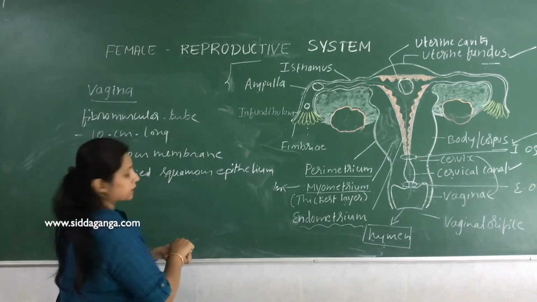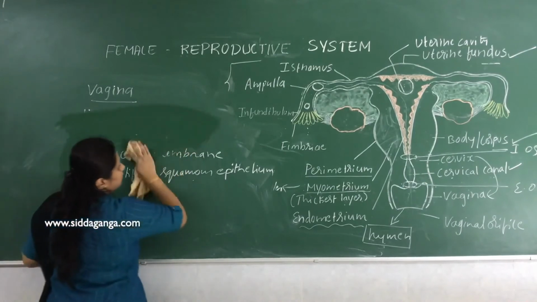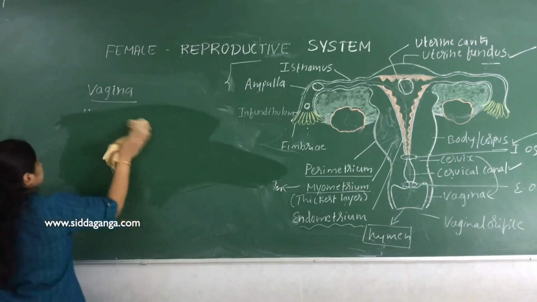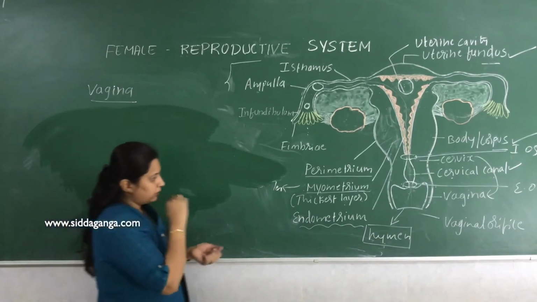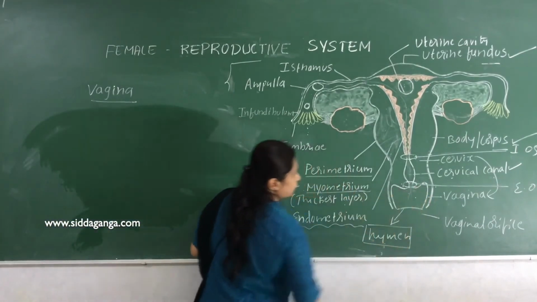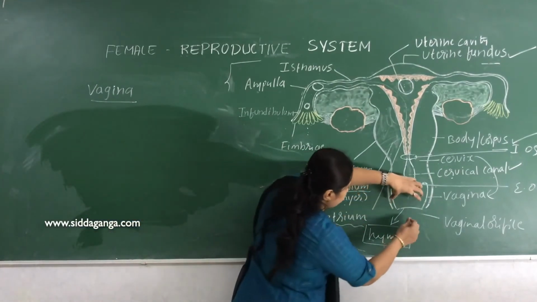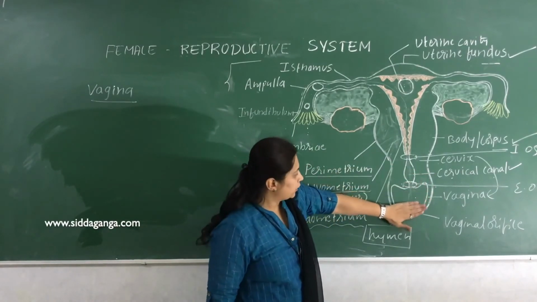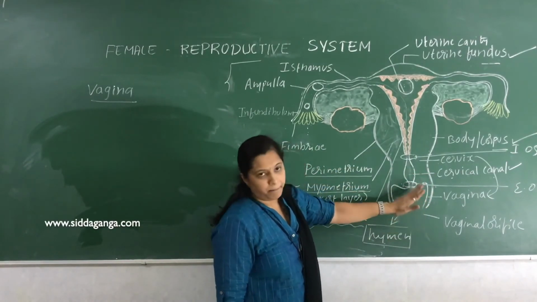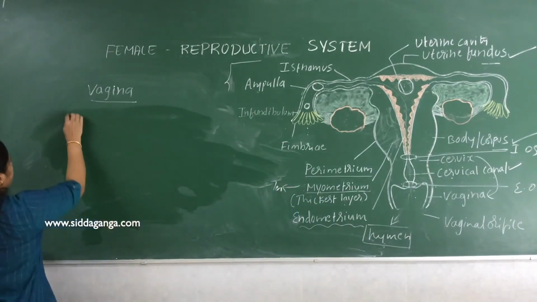Let us discuss the functions of the vagina. This is called the copulatory chamber, because it receives the penis at the time of coitus. So it acts as a copulatory organ.